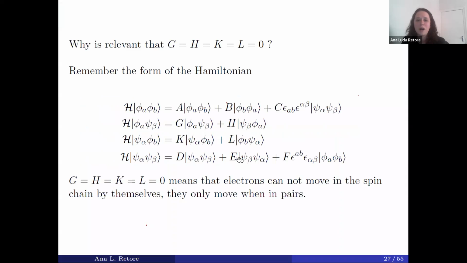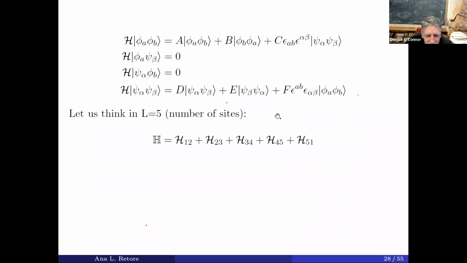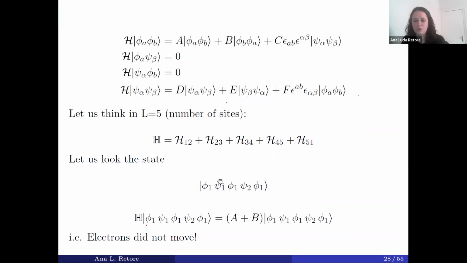So if you have one particle in your chain, for example phi1 psi, and since these are 0 for this model, the Hamiltonian has only bosonic or fermionic states. There are no fermionic states, I think, is what it means. It's only the even states that are present.